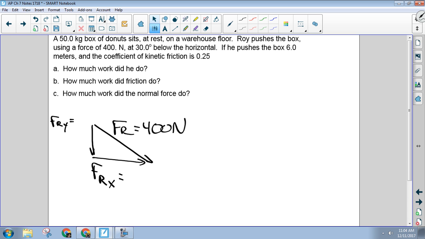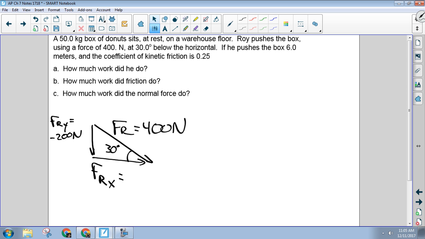All right, is everybody good with this? Does everybody understand that this is the 30 degrees? Right? Because it's below the horizontal. Here's my horizontal side. Follow? Okay, so the force of Roy in the y direction is going to be negative 200 newtons. The force of Roy in the x direction is going to be 400 times the cosine of 30.